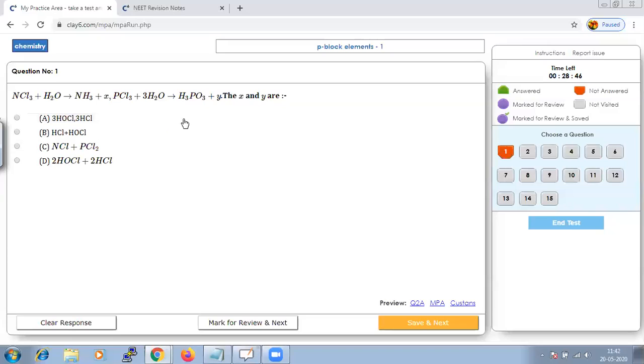So our X value should be HOCl and Y value should be HCl. So the option should be A.